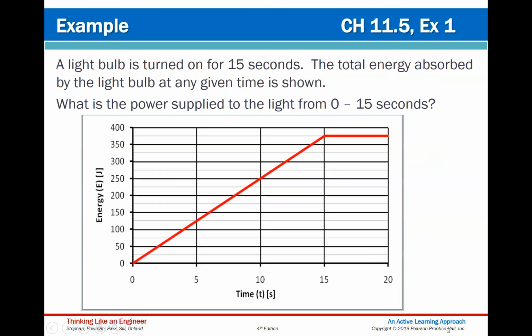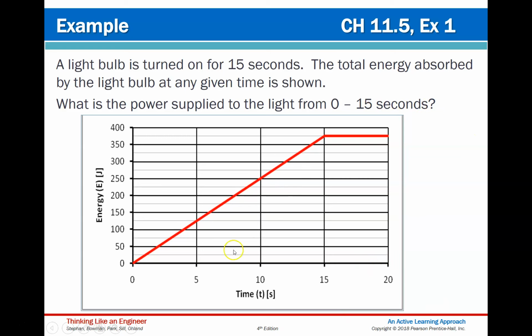Okay, so why do we care about the line meanings? Because sometimes your data is going to be given to you in chart format. You're not going to necessarily be given a point in time with numbers. So for here, we have a light bulb that was turned on for 15 seconds.